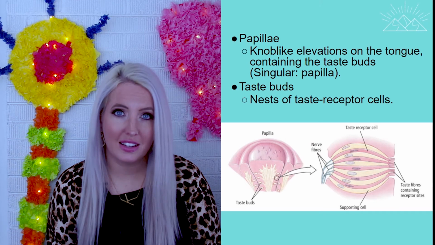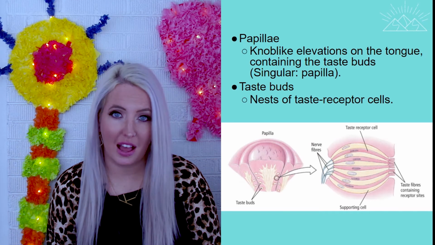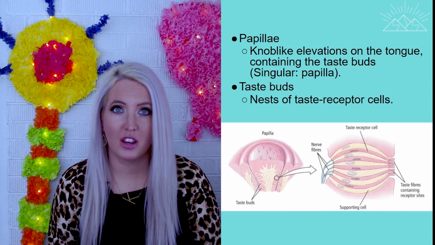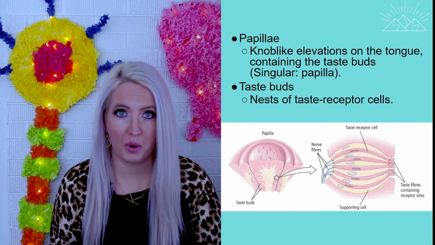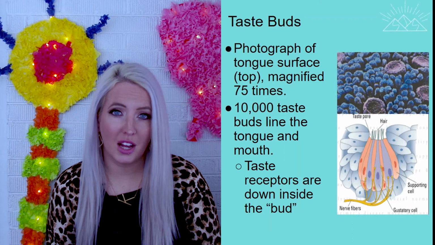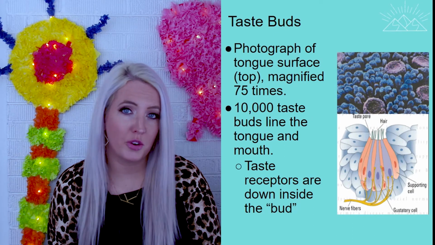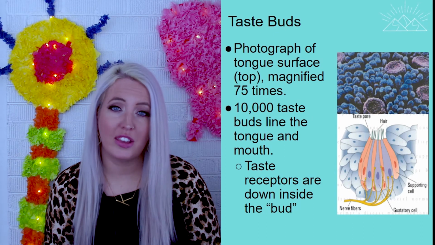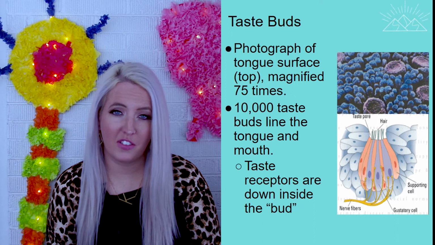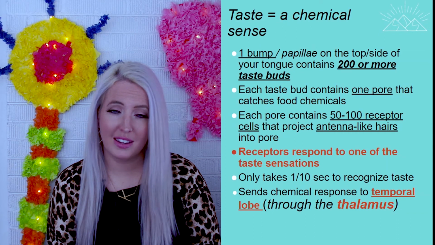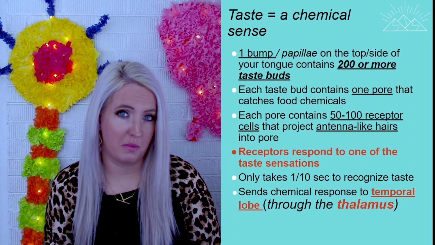They are nests of taste receptor cells, and they will take this information up into your brain. So one bump on our tongue can contain up to 200 or more taste buds. And these nerve cells will take this information to our thalamus and again to our temporal lobe.